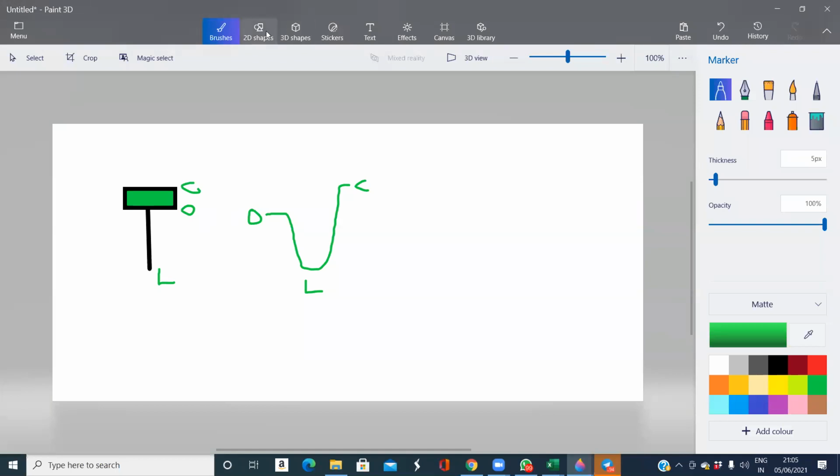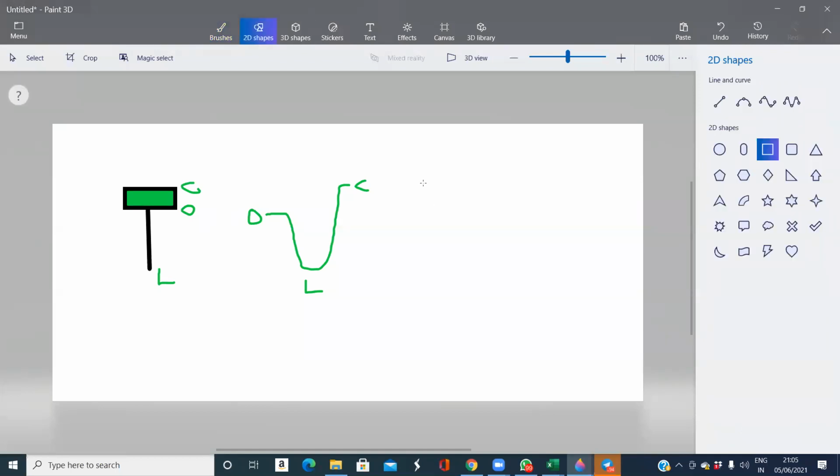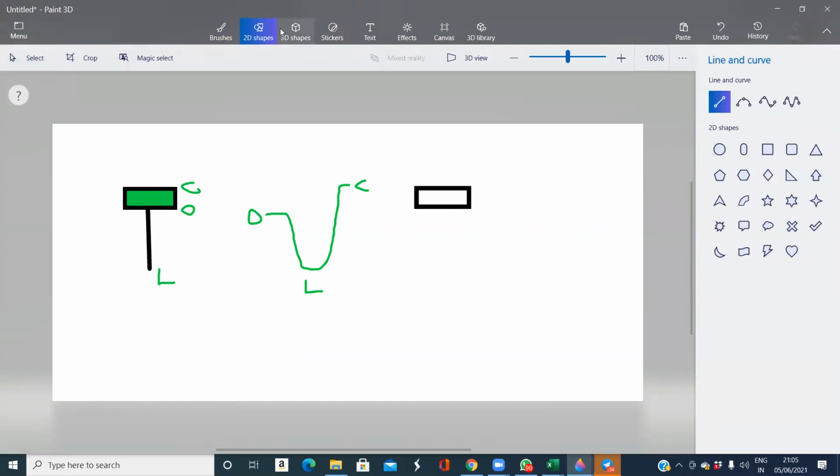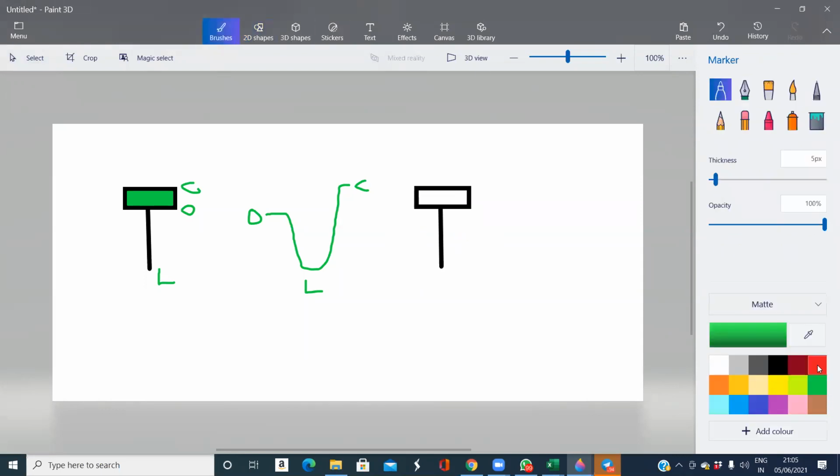Another hammer is the red hammer, which I also consider a bullish candle, although it is red. In the red hammer, it will open here, close here, and make a low.